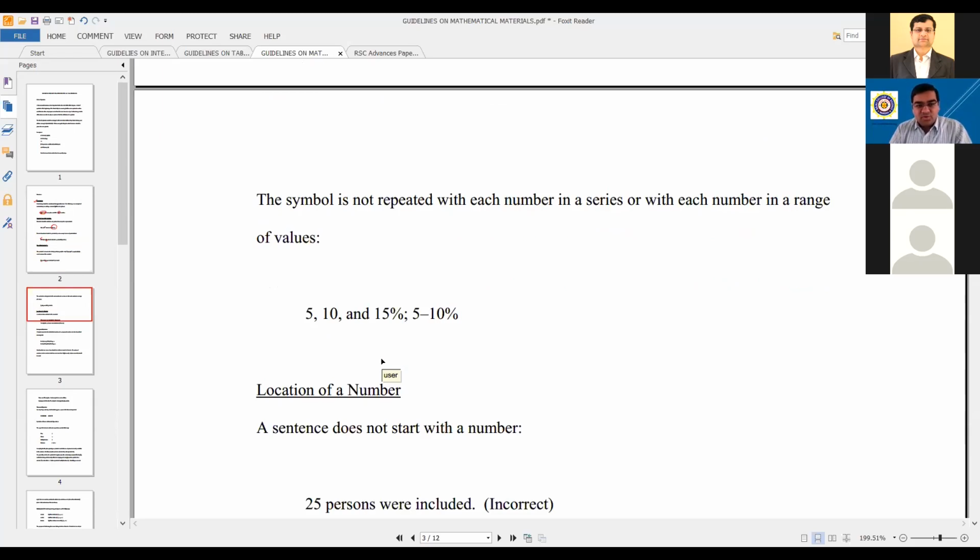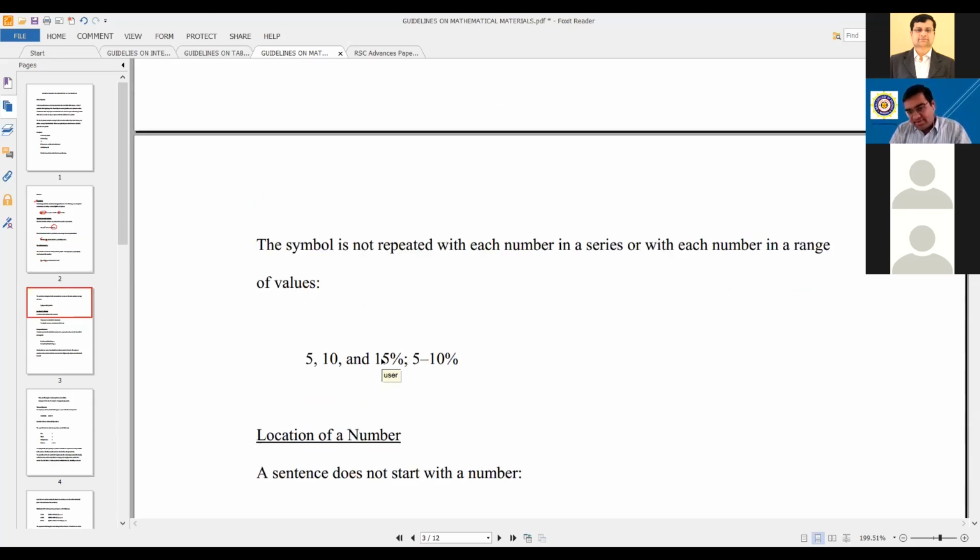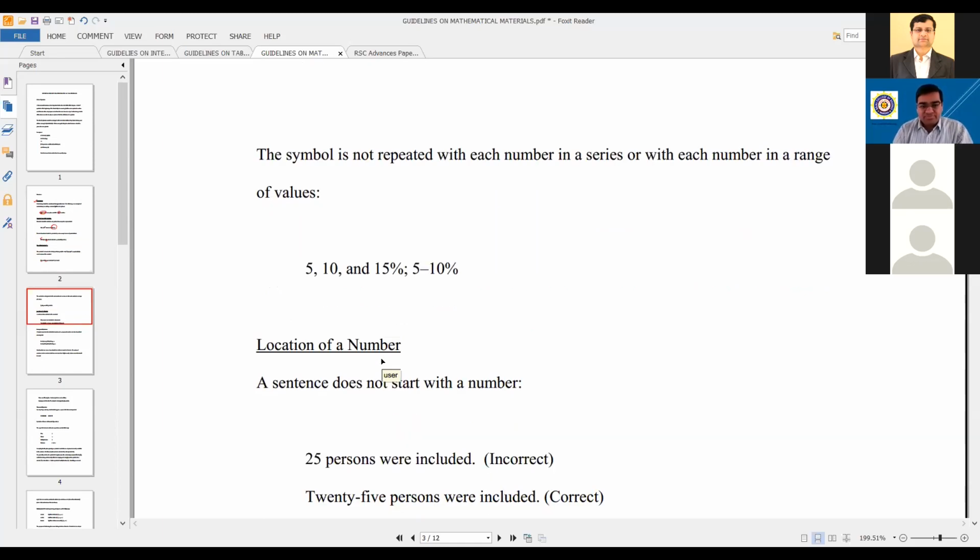The symbol is not repeated with each number in a series or with each number in a range of values. 5, 10, and 15%. So you can write 5 to 10%.